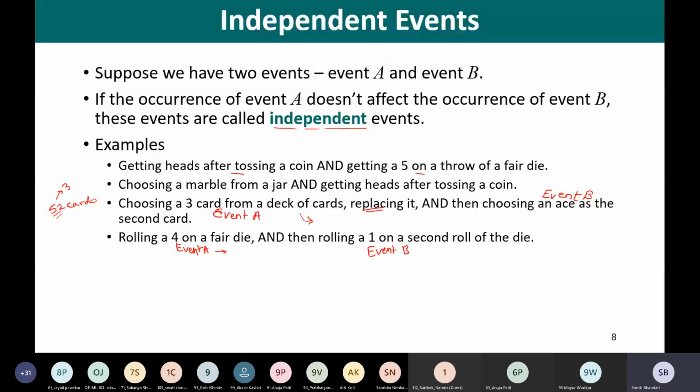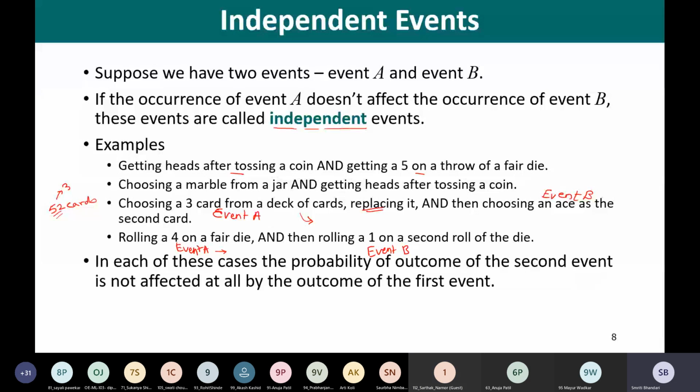So once again, these two are independent events, right?